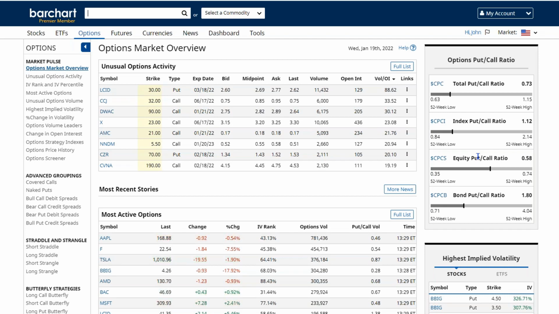So if there's an equal number of puts and calls, we'll see a put-call ratio of 1. Now, typically in bull markets or trending higher markets, retail investors will buy more calls or trade more calls than they will puts. And so typically what we'll see is the put-call ratio is below 1. Somewhere between 50 and 60 is typically what we will see.